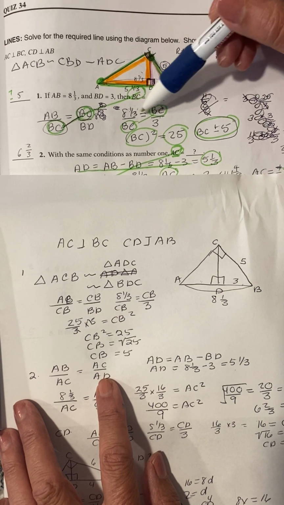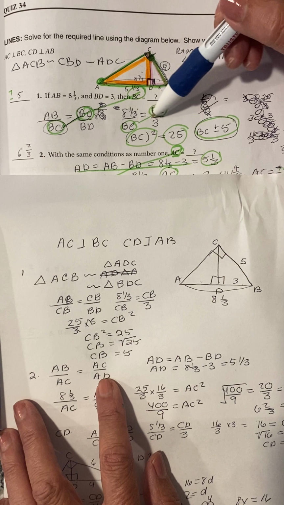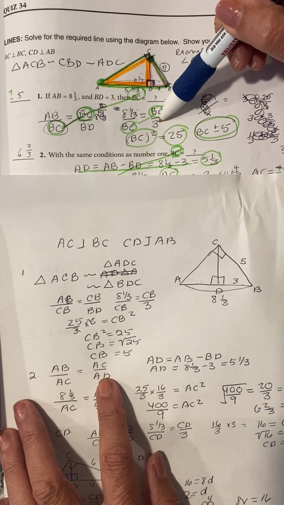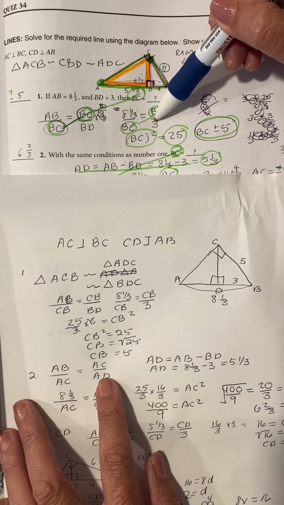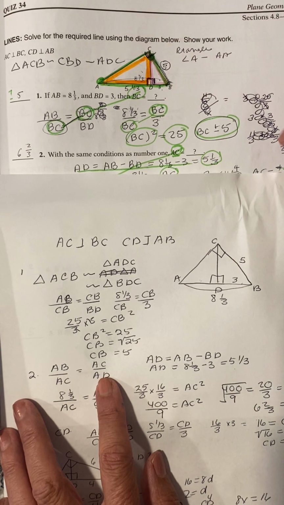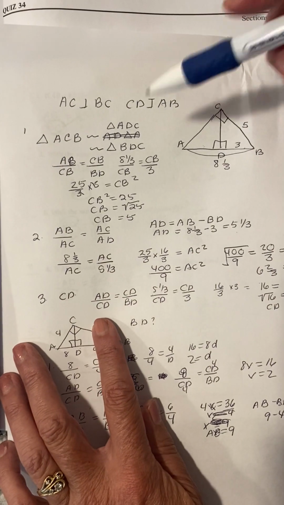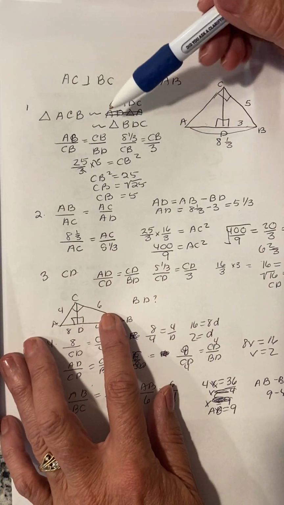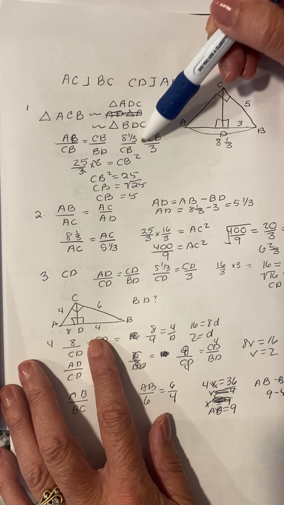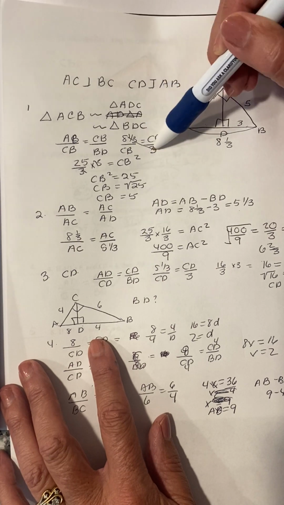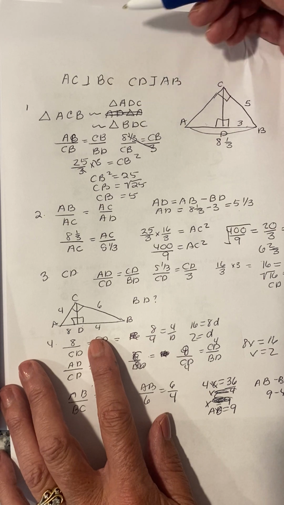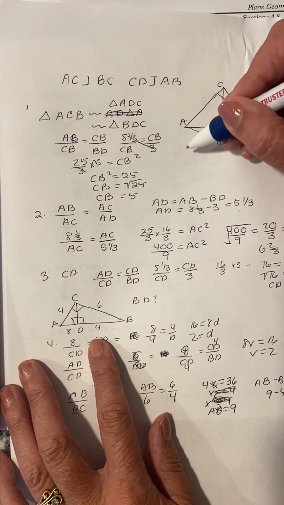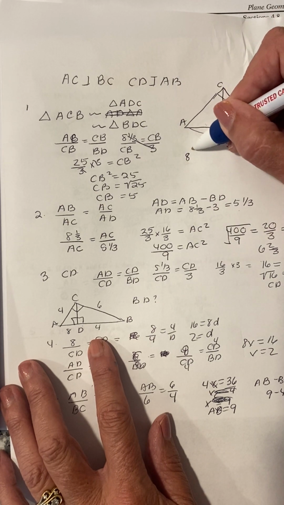So 8 1/3 times 3. Let's see how we do that. Look at me here. We have 8 1/3 over there, and we want to do cross multiplying. So what is 8 1/3 times 3?